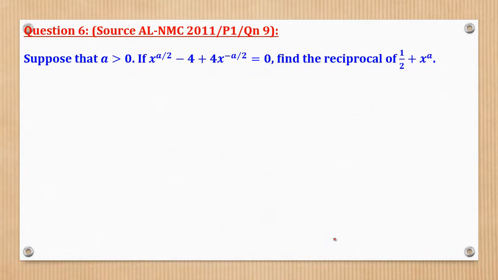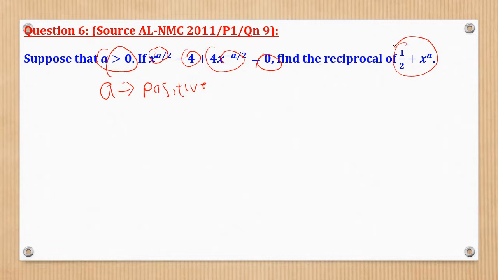Now question 6 says, suppose that a is greater than 0. In other words, a is positive. If a is positive, and if this minus this plus this is equal to 0, find the reciprocal of a half plus x power a.